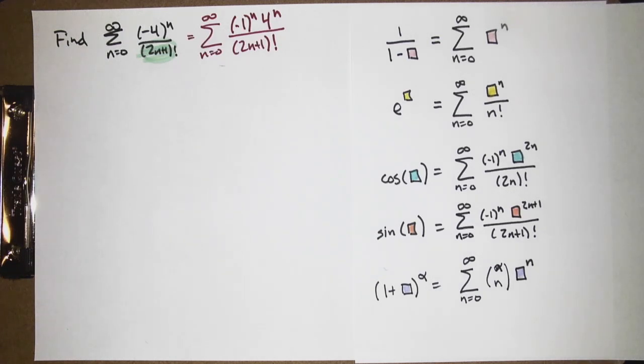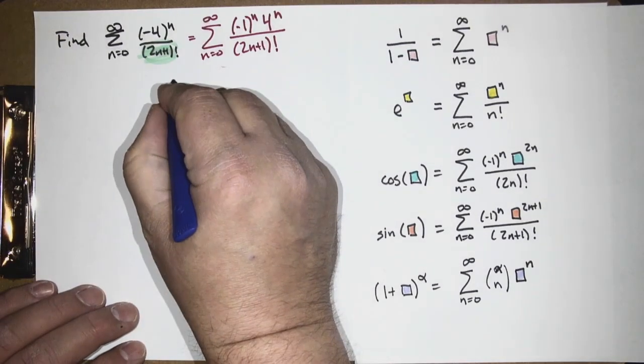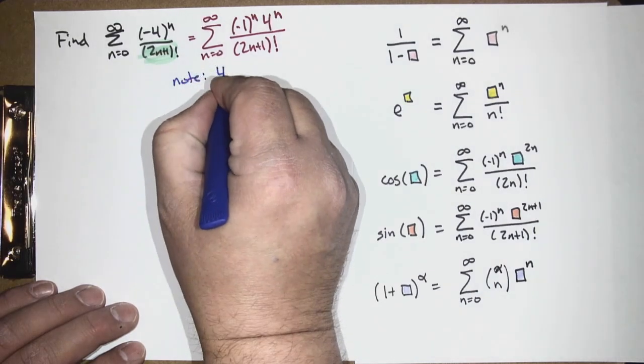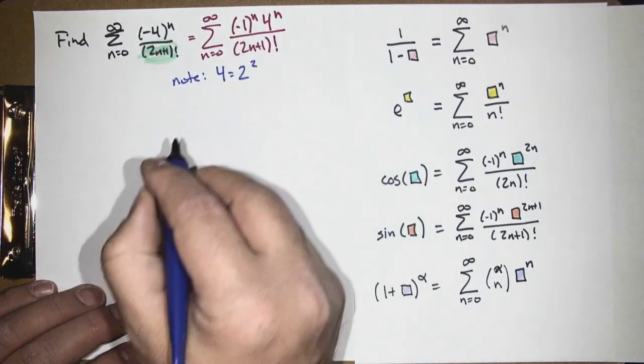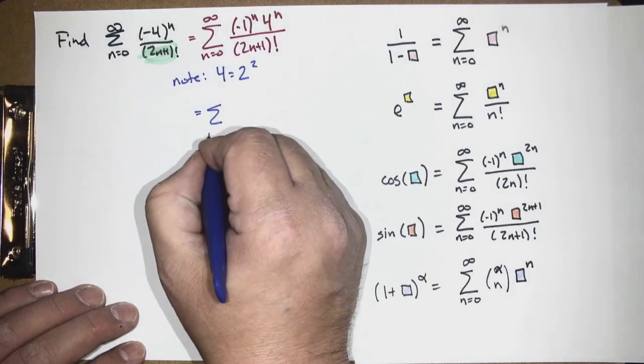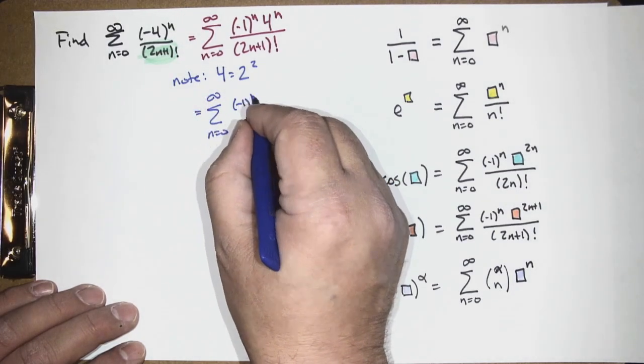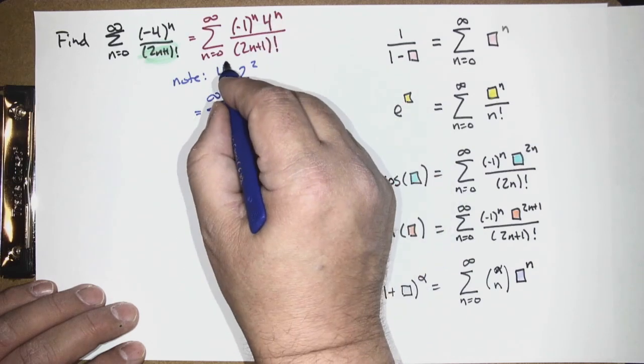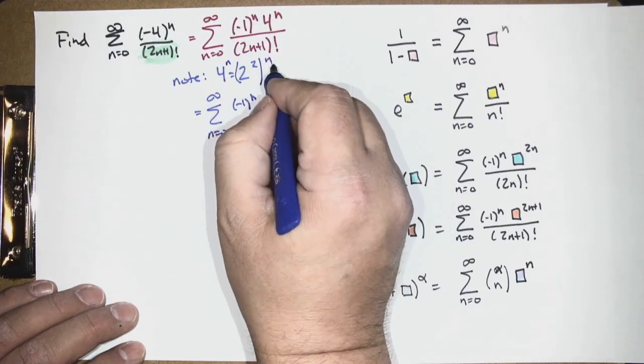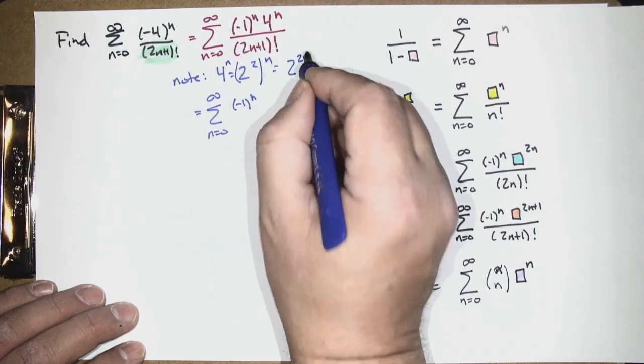So we have to start thinking, what's another way to write 4 to the power n? 2 to the 2n? Yeah, so we can note 4 is 2 squared. So I say, hey, that's an idea. If we replace this 4 to the n by 2 squared to the n, then what we really have is 2 to the 2n.